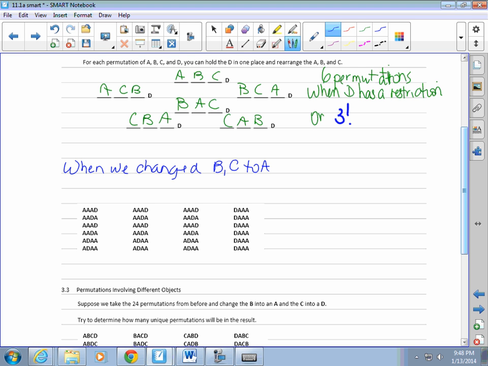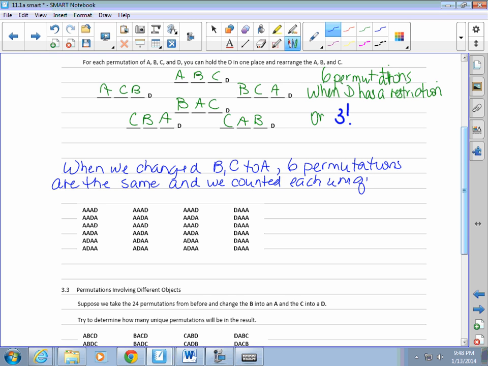And we counted each unique one as a set. Okay, so each unique one was a set.